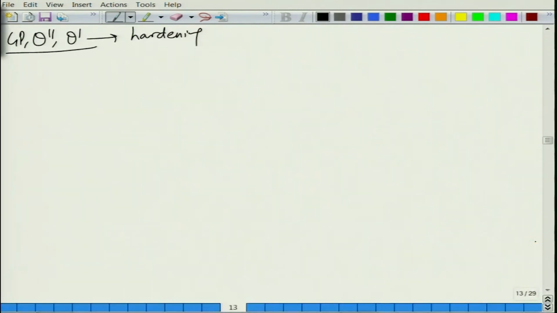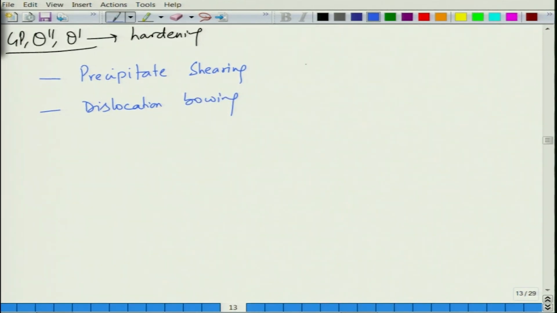Now how does this occur? There are two mechanisms through which hardening occurs. One is precipitate shearing, and second is dislocation bowing. So in precipitate shearing, what happens is that when you have a dislocation, and let us say this is the dislocation line, you have a slip plane.